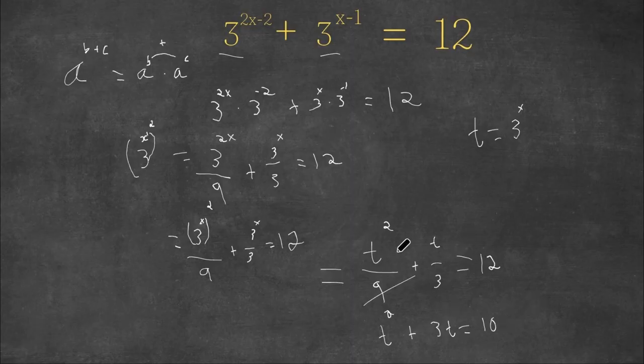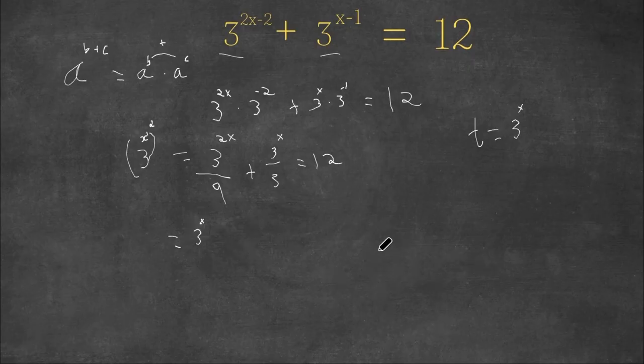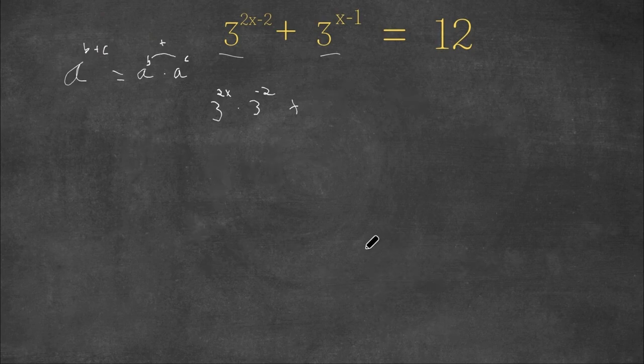So this would give us t squared plus 3t equals 108.